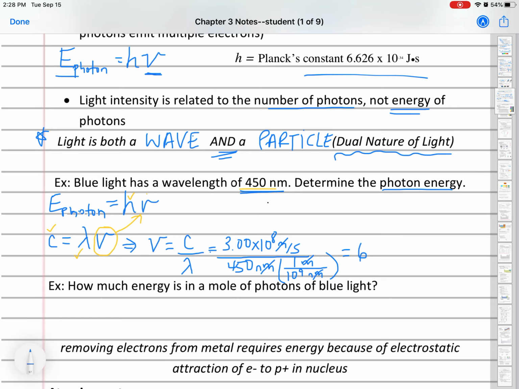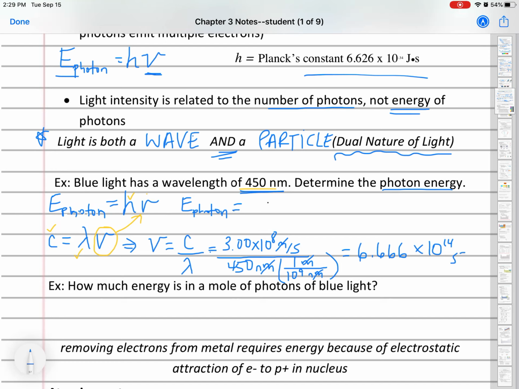And that gives me 6.666 times 10 to the 14th. All right, so that's the wavelength. That's a pretty large wavelength. All right, so now I'm going to use this equation up here to solve my energy of the photon. Oh wait, sorry, that's not a wavelength, that's a frequency.